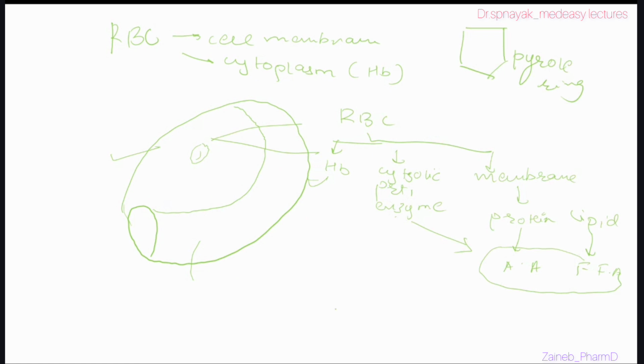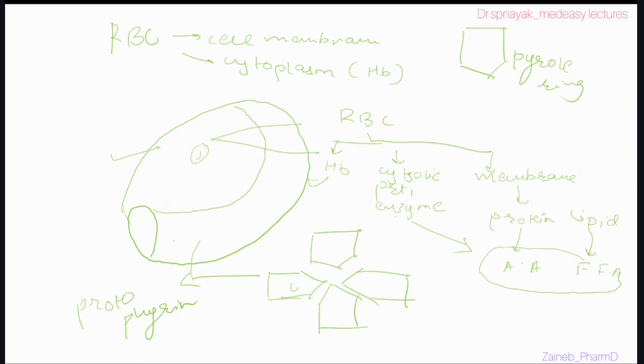When we fuse four pyrrole rings together, it will form a special structure which is called protoporphyrin.